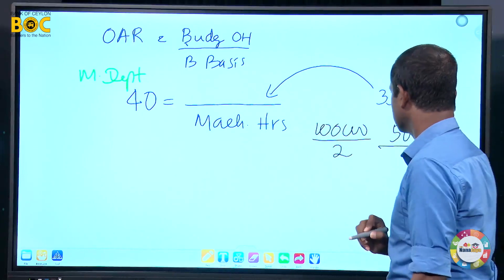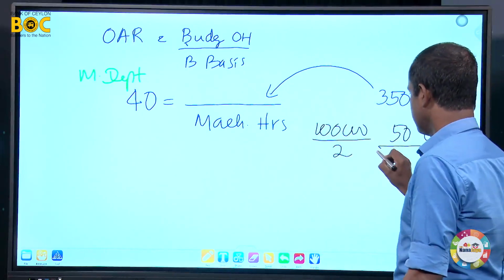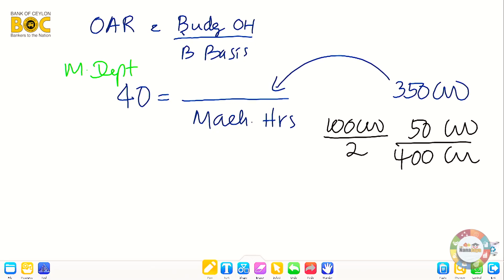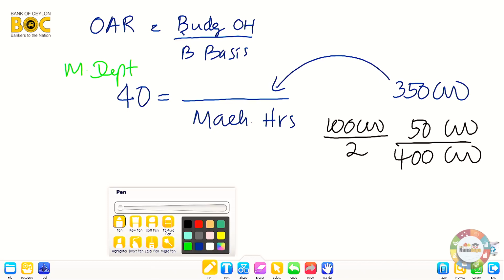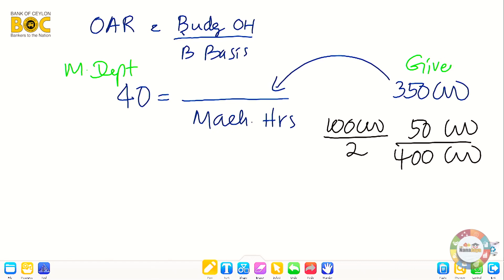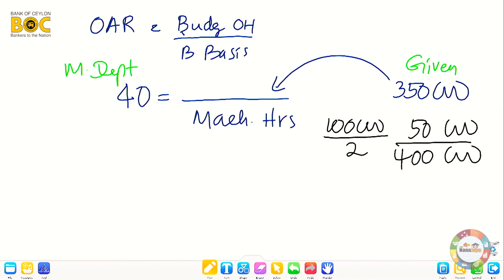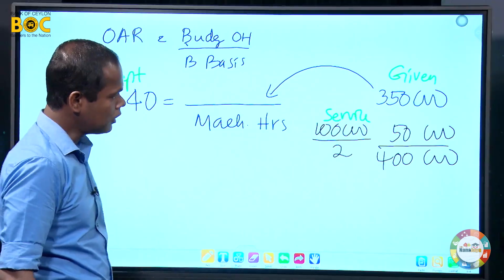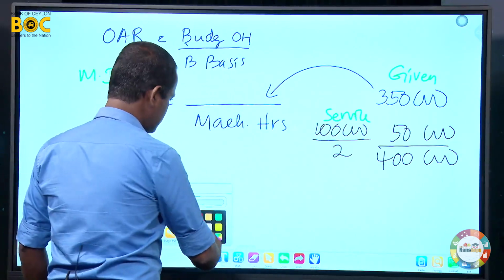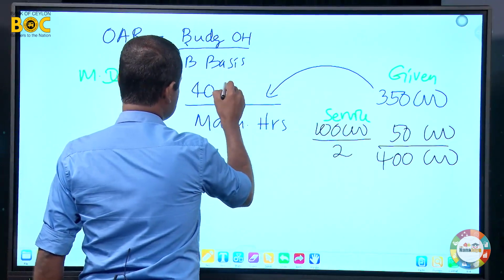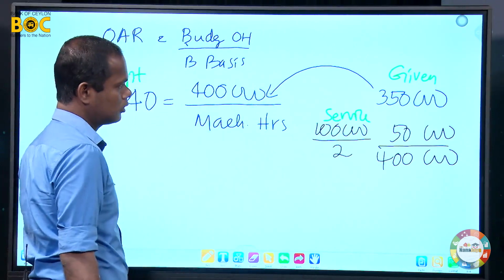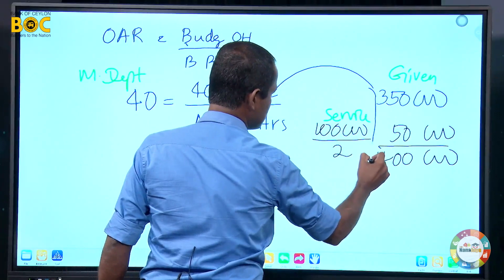The 350,000 is given, plus half of the service cost, and the answer is 400,000 rupees. This is how you got 400,000.